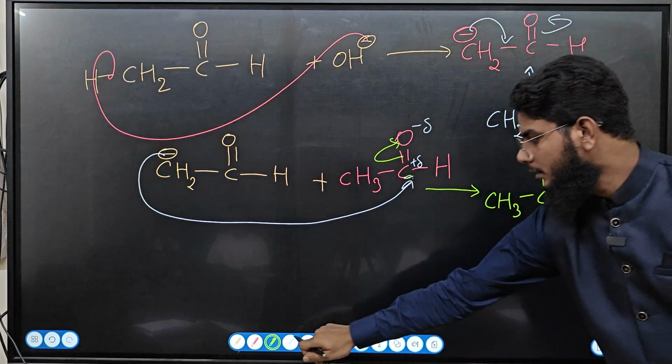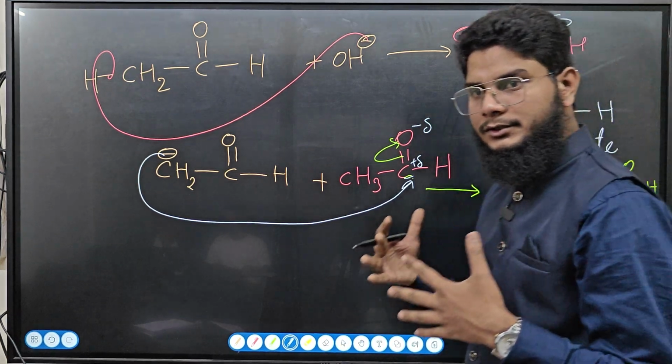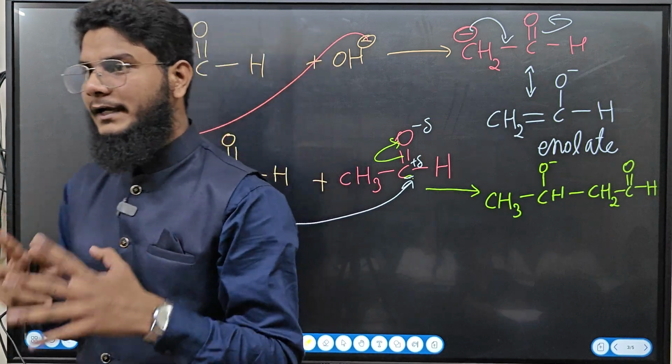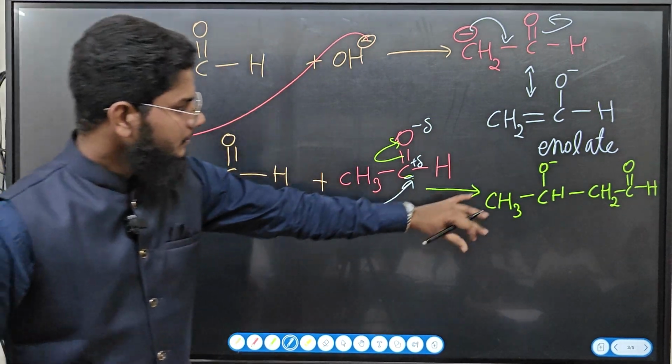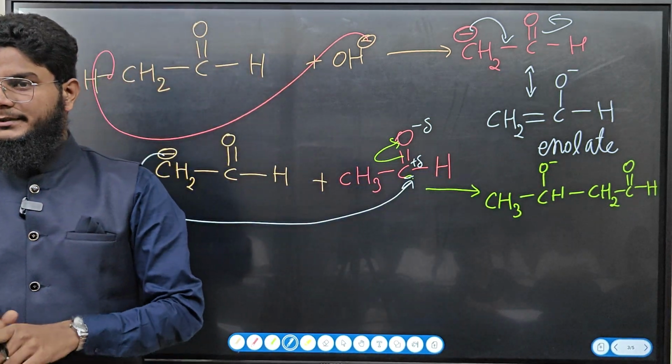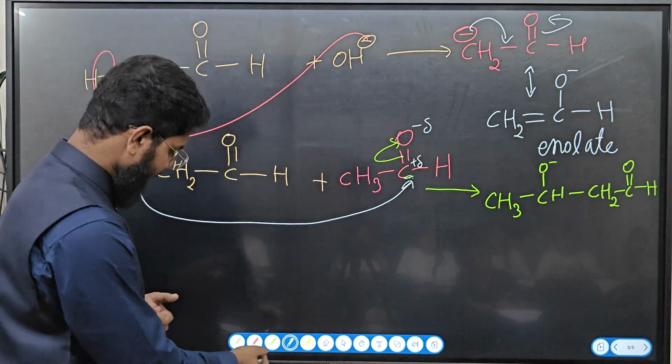This is your second step, when you combine the two molecules of aldehyde or ketone, whatever you have taken. This is the condensed product, meaning two carbonyl compounds condensed together.